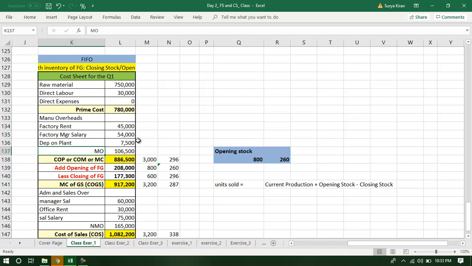So cost sheet is a systematic way of presenting the cost data in such a way that it becomes useful, meaningful, relevant for decision making. Will this be part of financial accounts? No. No annual report will show the cost sheet.